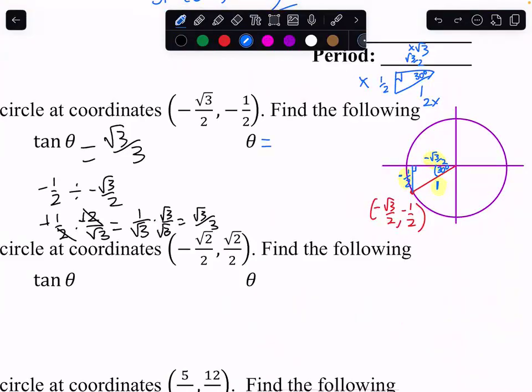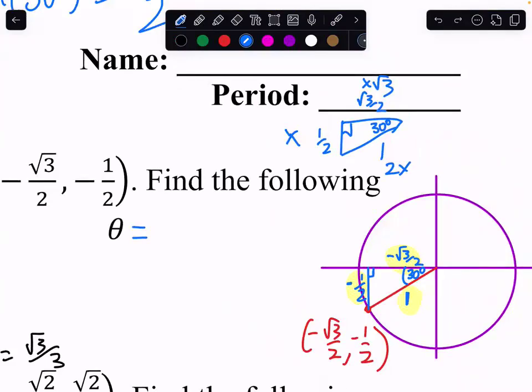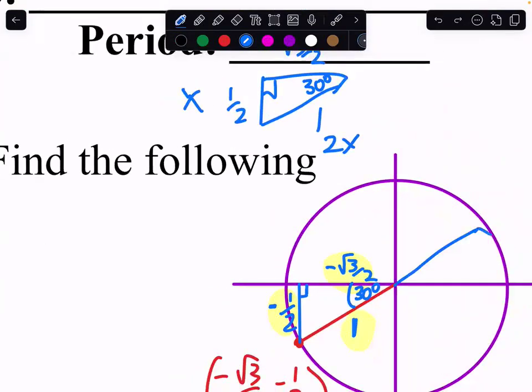I think you've got the right idea, but the reference angle is 30 degrees. Again, 30 degrees is over here, but our angle is in quadrant 3.